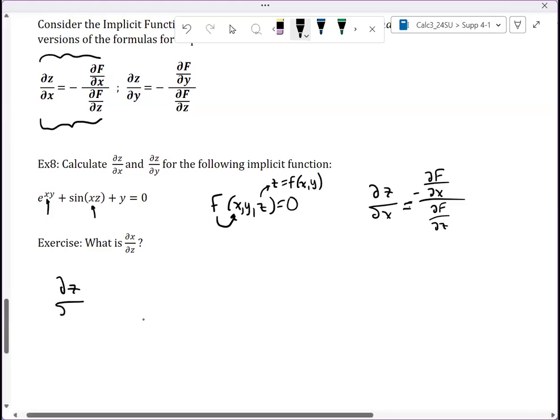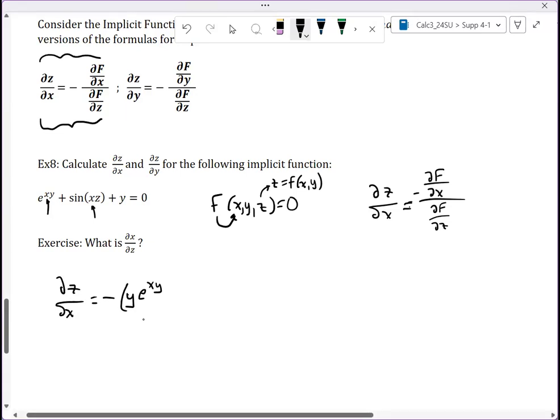So partial of z with respect to x is negative partial of big F with respect to x. Well, the derivative of e to the xy is e to the xy times the partial with respect to x of xy. So this is like a constant times x, or y times x. That constant multiple comes down.